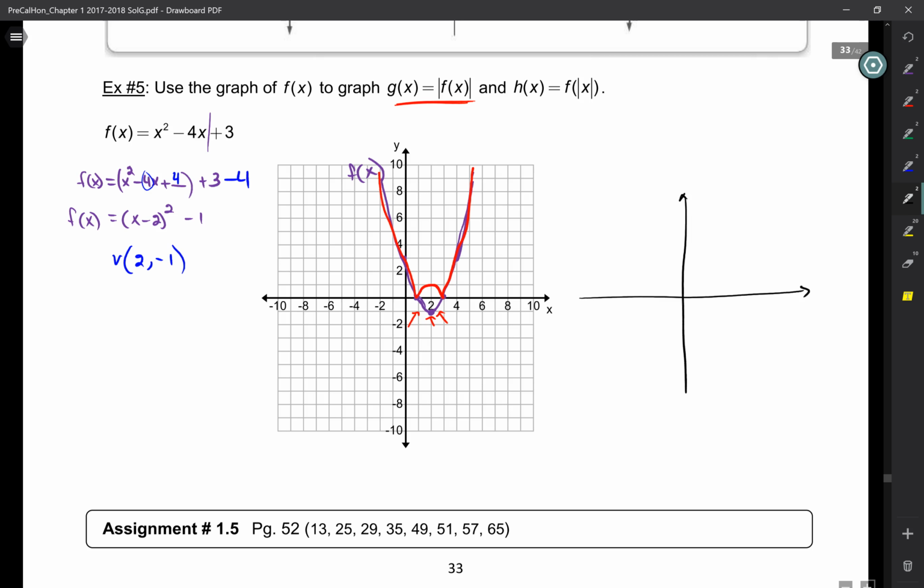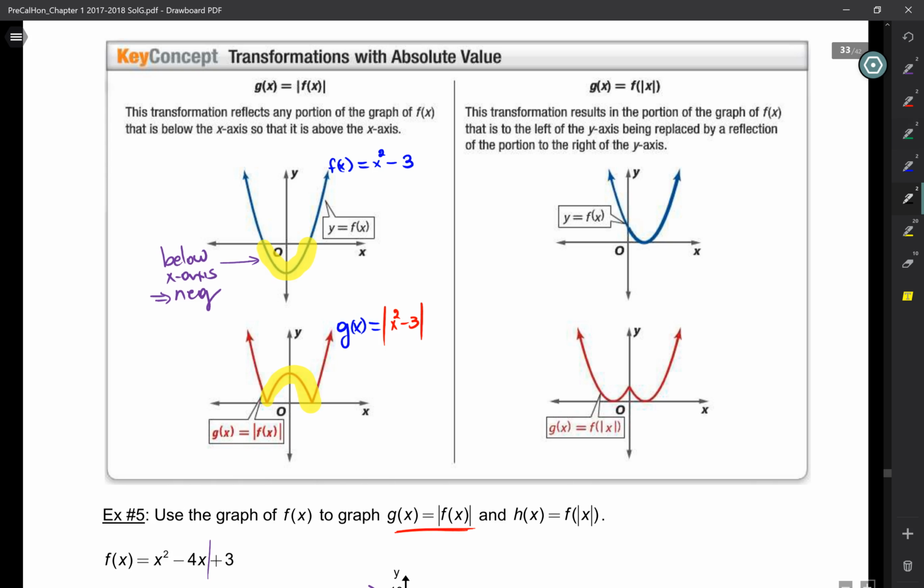But basically, this hits 2. I'm going to do a very rudimentary one here.